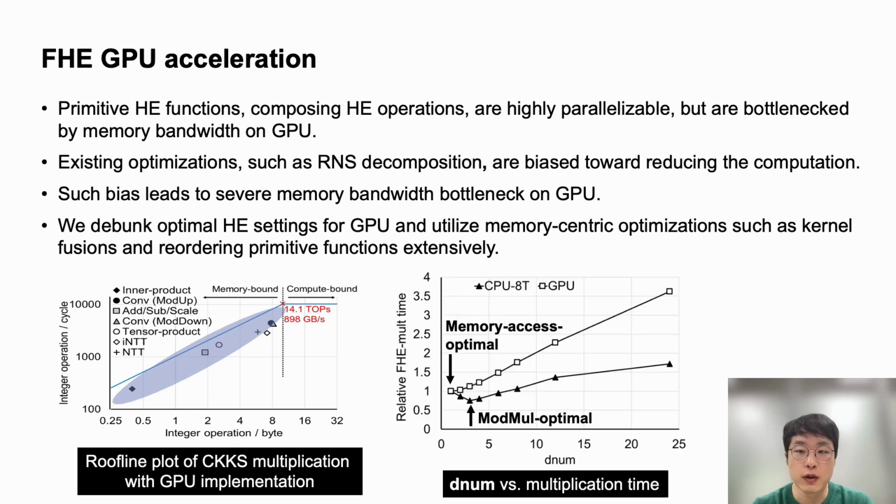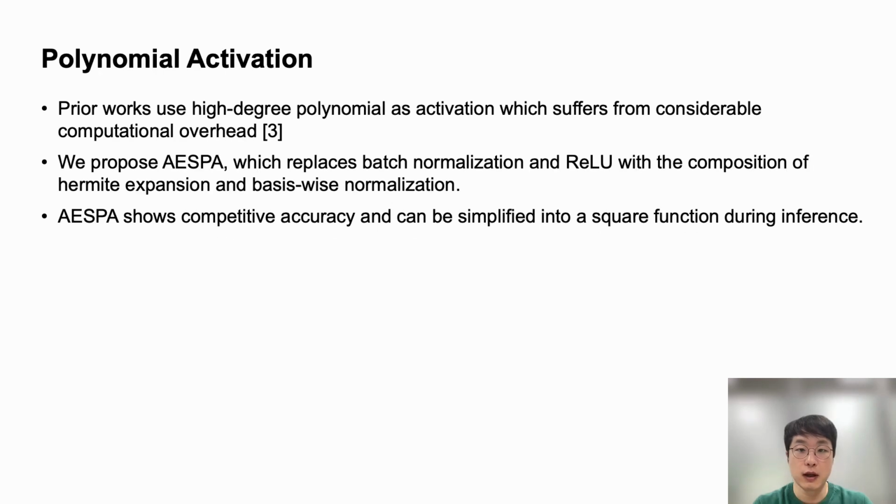Such bias often leads to severe memory bandwidth bottleneck on GPU. To address this issue, we devise optimal HE settings for GPU and utilize memory-centric optimizations such as kernel fusion and reordering of primitive functions.